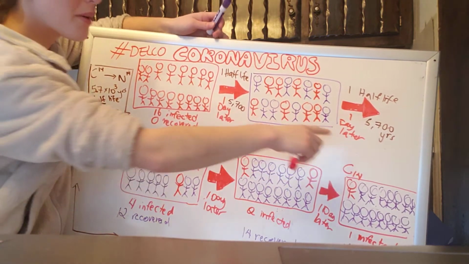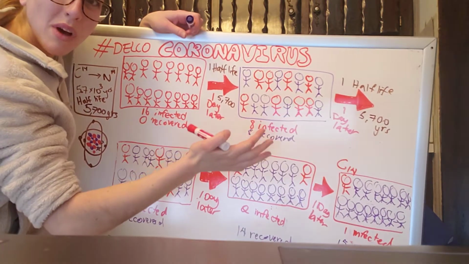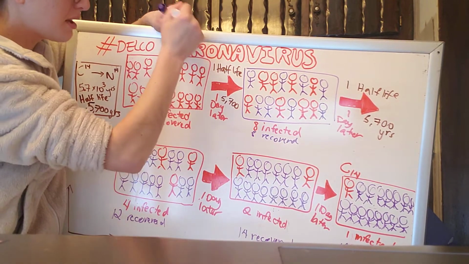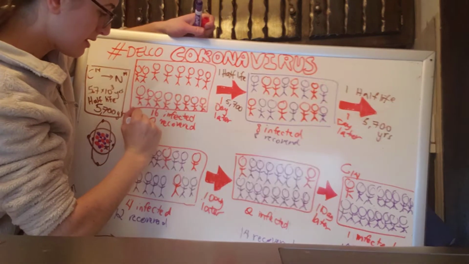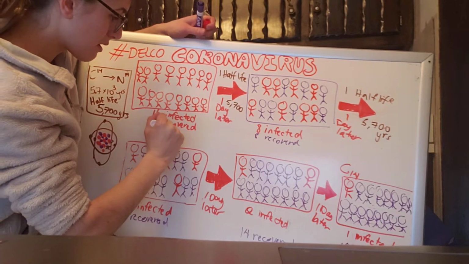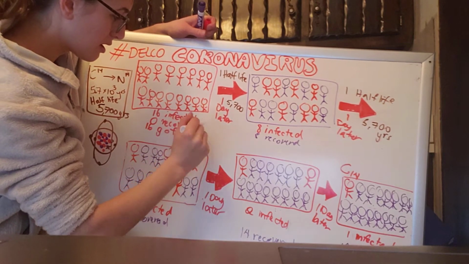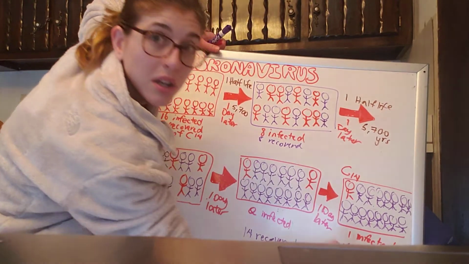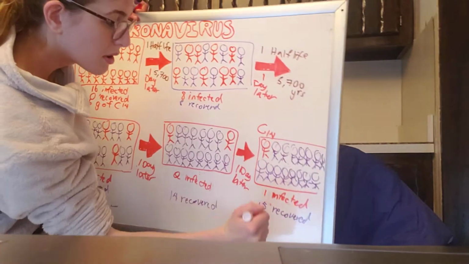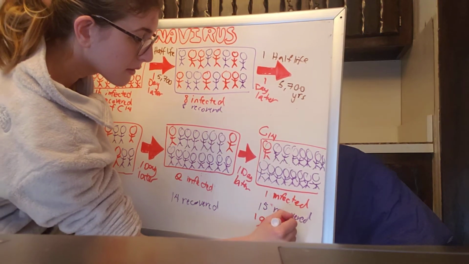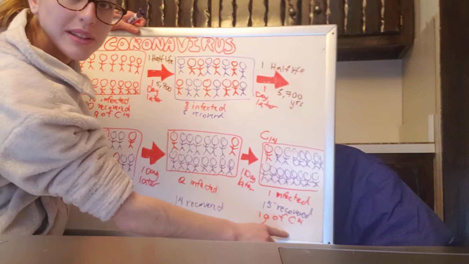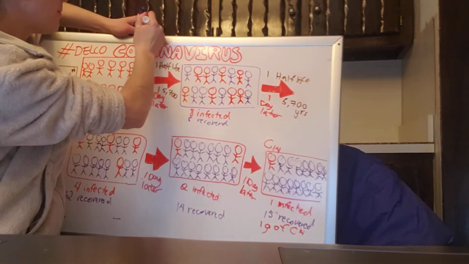So if I were to add up how long it would take, after 4 half-lives, to go from 16 grams of carbon-14 all the way to 1 gram of carbon-14. How long would that take? Well, let's find out.